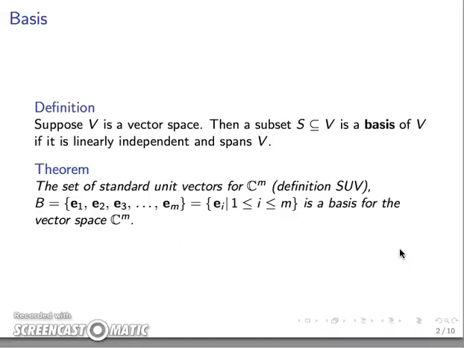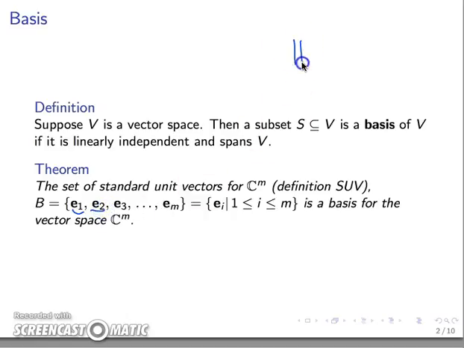A common example of a set that is spanning and linearly independent in Cm is the set made of the columns of the identity matrix. These are called the standard unit vectors.